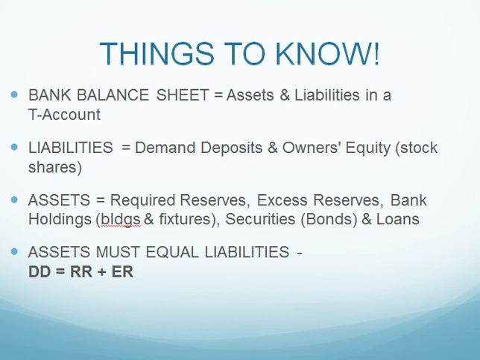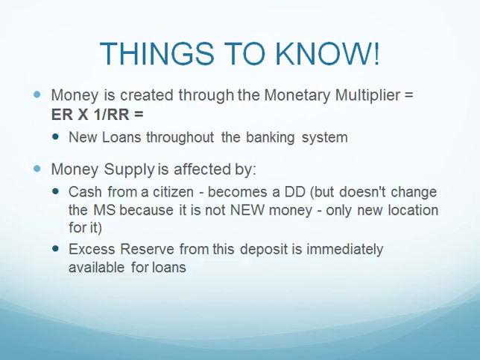Bonds offered by the Federal Reserve are a very, very safe investment, because unless something completely catastrophic happened, you're always going to get your money back. So assets on a T account have to equal liabilities. So your demand deposits have to equal your required reserves plus your excess reserves.